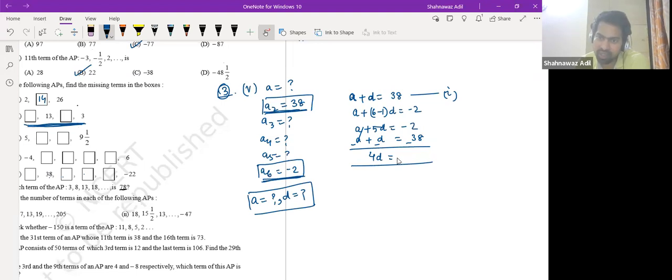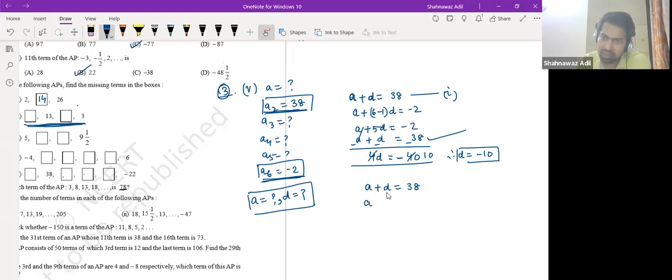What sign would be negative, right? This is minus 1, right? 40. So 4 cancels and we have minus. So D is minus 10, right? Yeah. D is minus 10, and then A you can calculate from A plus D is 38.